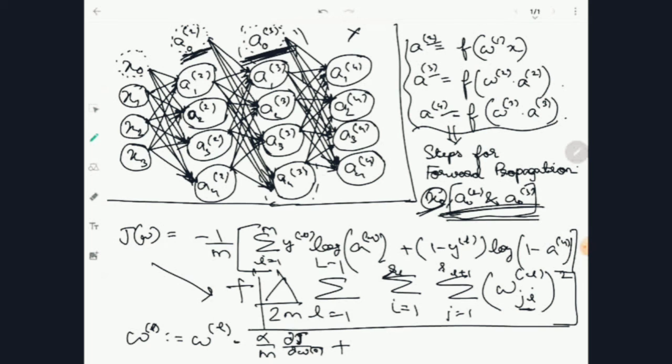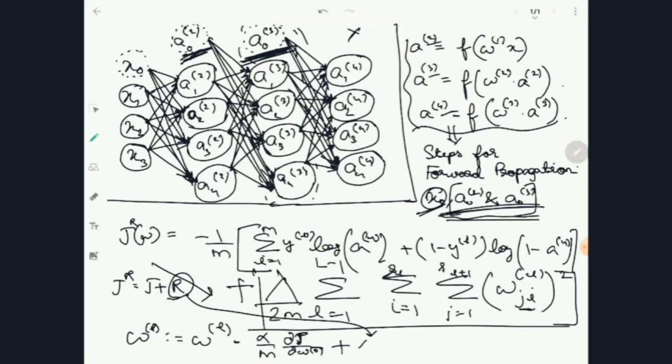Actually this J is excluding the regularization term. Okay, I'm separating it out: say this is JR, so JR is J plus the regularization function, which I am terming R. So we need to include the partial derivative of this R here.